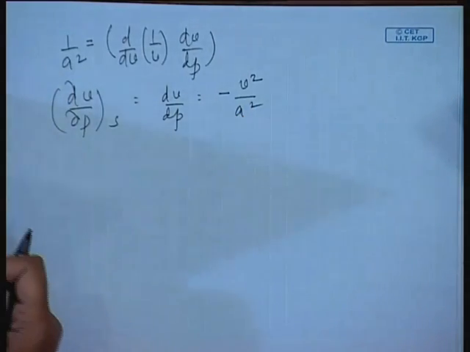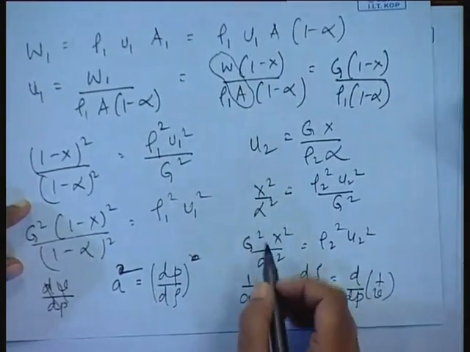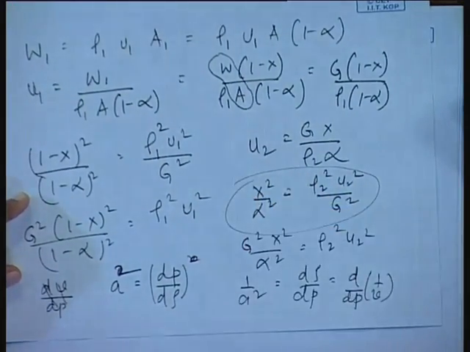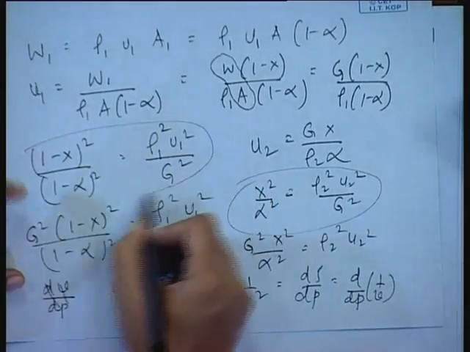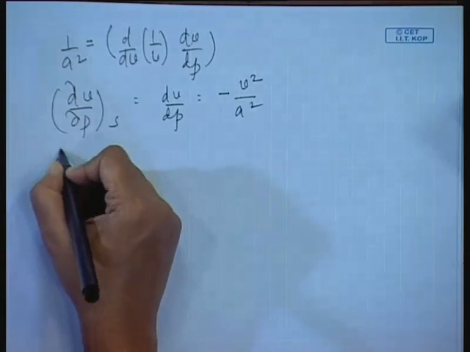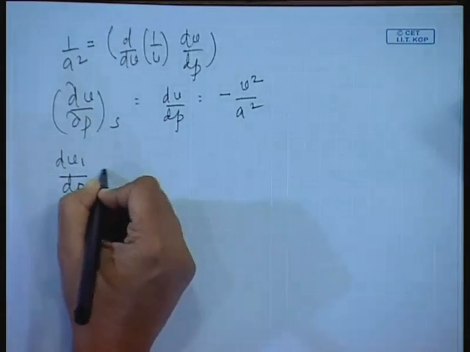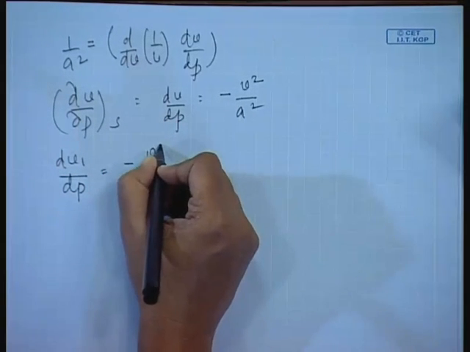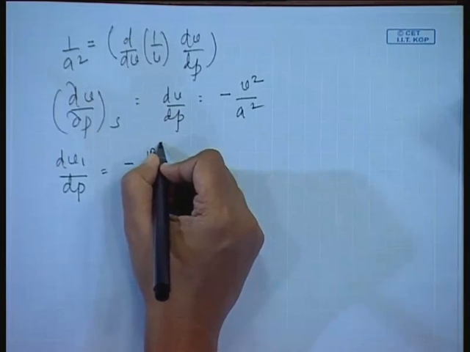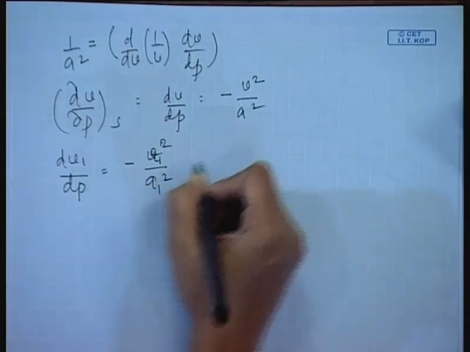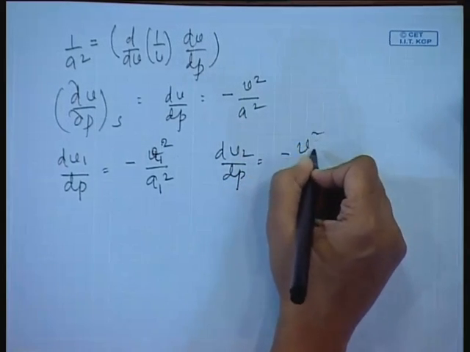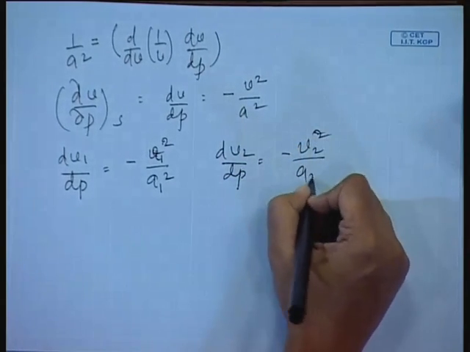So, whatever we have substituted here, this particular term, then the other one is this one, and then dv1 dp is minus v1 square by a1 square, and dv2 dp equals minus v2 square by a2 square.